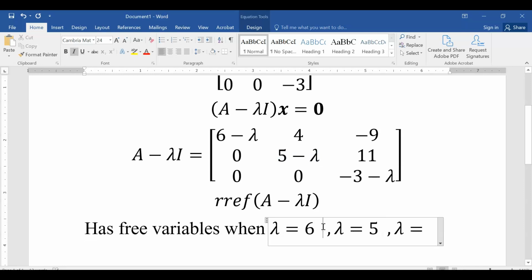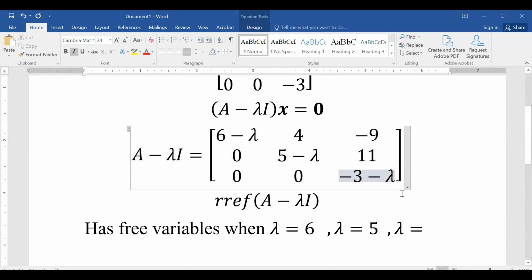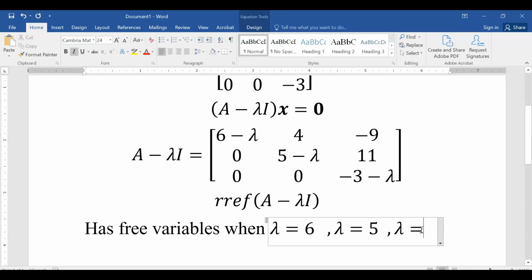And so this matrix has a free variable when lambda is 5. And also, notice what's going to happen. When lambda is -3, I'm going to get a 0 here, which gives me a whole row of zeros. And so when lambda equals -3, I also end up with a free variable.